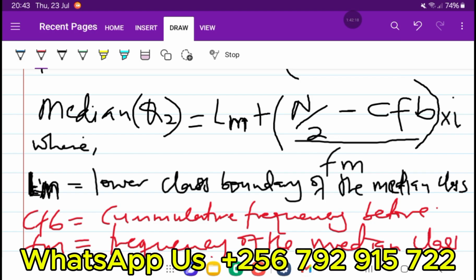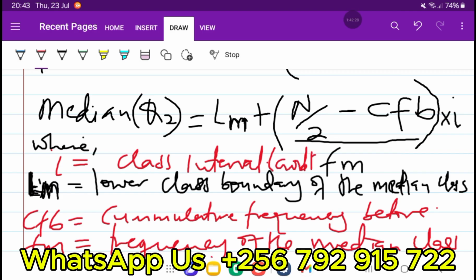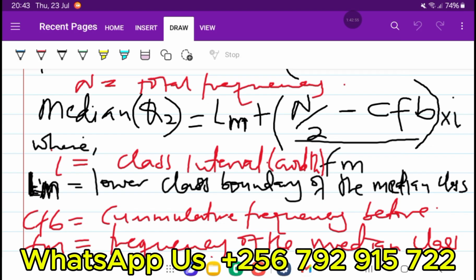Then our I represents the class interval or the class width. Sometimes they call them width. Our n is the total frequency. I know we already learned how to do this. So that's basically what we do if we are looking for Q2, that is the median for a grouped data set.